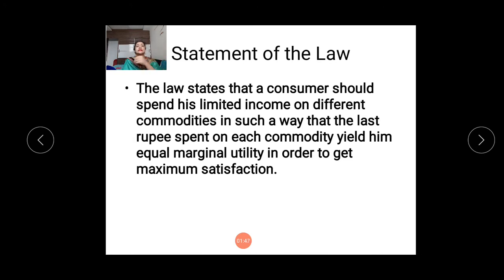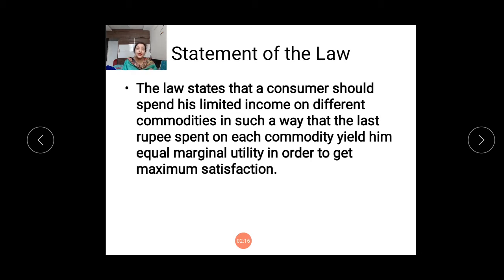So what is the statement of the law? The law says that a consumer should spend his limited income on different commodities in such a way that the last rupee spent on each commodity yields him equal marginal utility, in order to get maximum satisfaction. A consumer will be in equilibrium when he gets maximum satisfaction with his given resources.